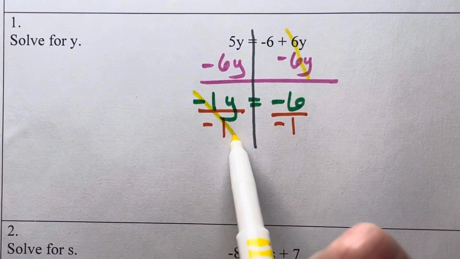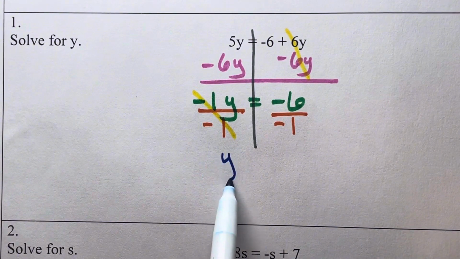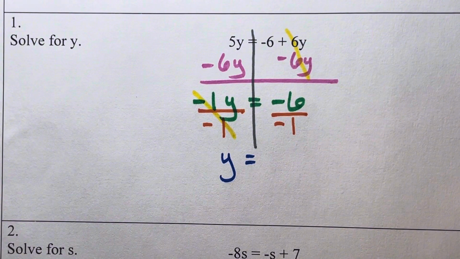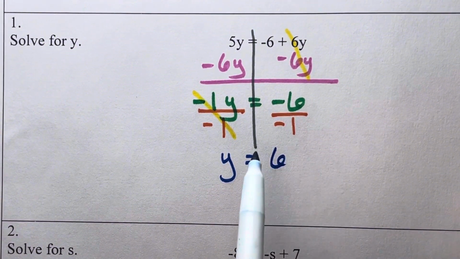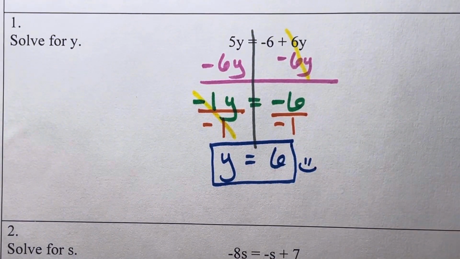The whole point of that was to make our y positive so that those -1s cancel out. That leaves us with y equaling the quotient of -6 and -1, where -6 divided by -1 is equal to +6. And there you go.